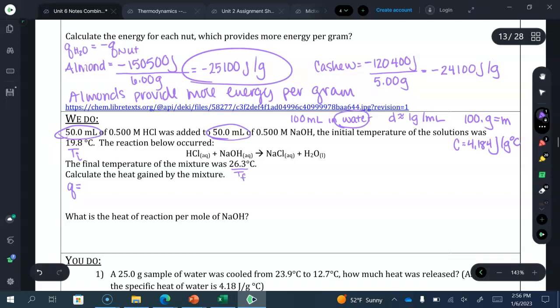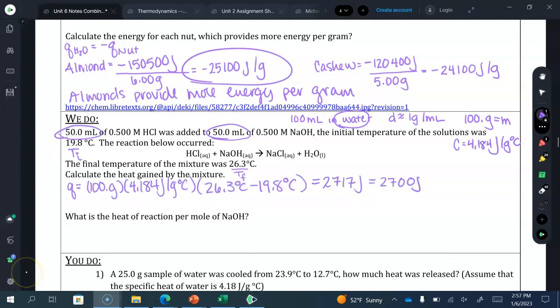So please pause the video and solve that now. Okay, from the calculation, with correct sig figs, because you are limited to 2 sig figs here, you should have gotten 2,700 joules.